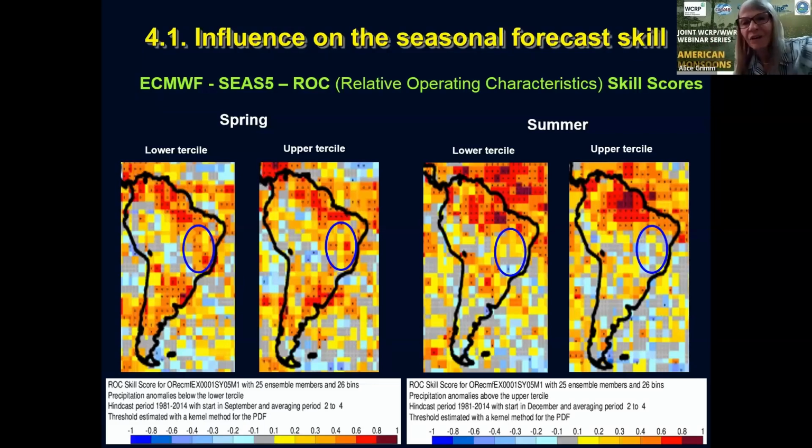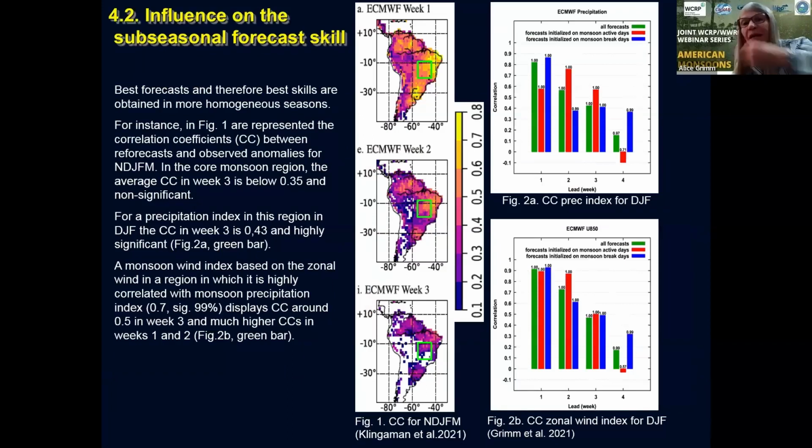And there are also other examples I looked at in articles. You can see that from the first week of subseasonal forecast to the third week, the skill in this region has the strongest drop in all South America.